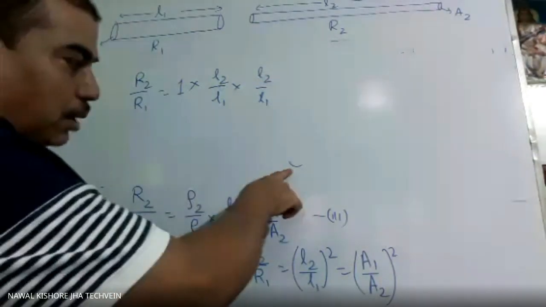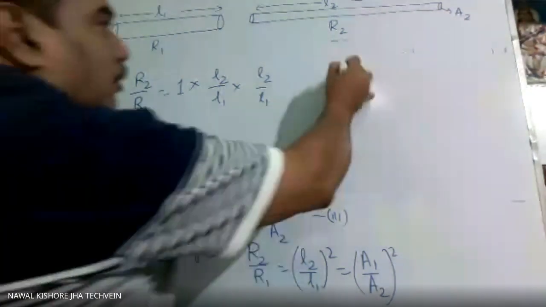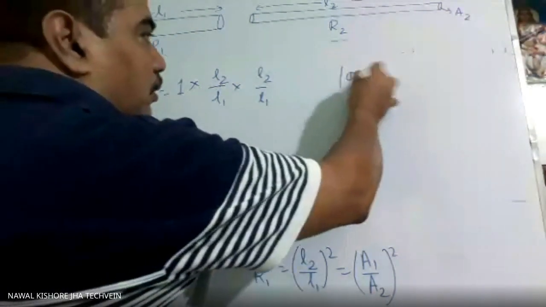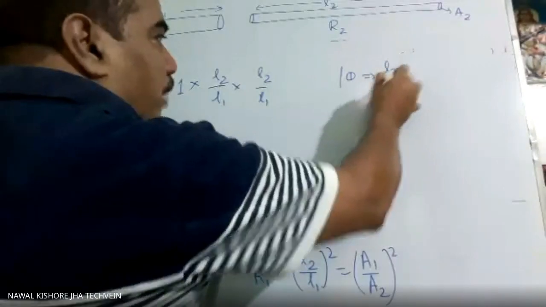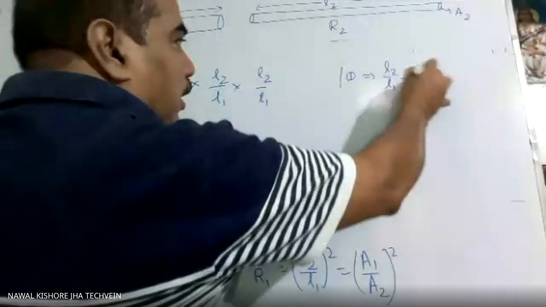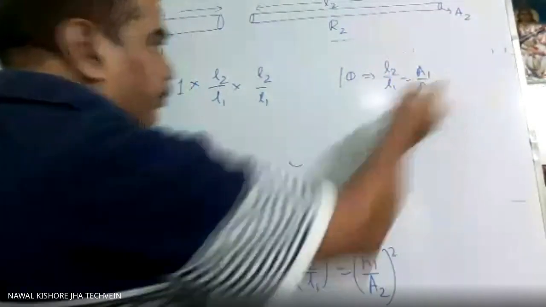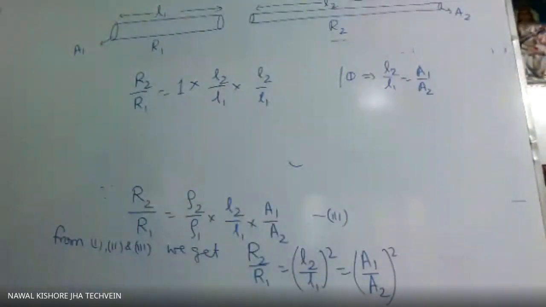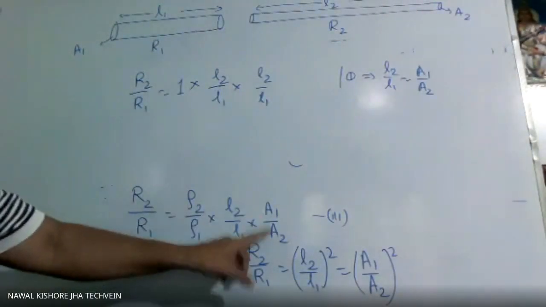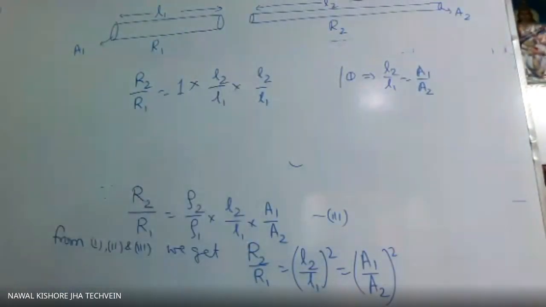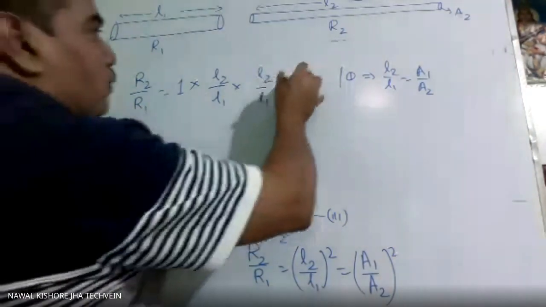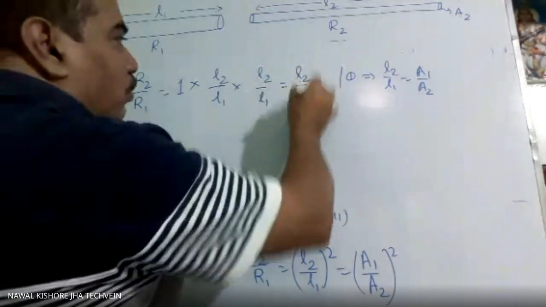So question 1. Question 1 was what? L2 by L1 is A1 by A2. So in place of A1 by A2, we have written L2 by L1. So what will come? L2 by L1 whole square.